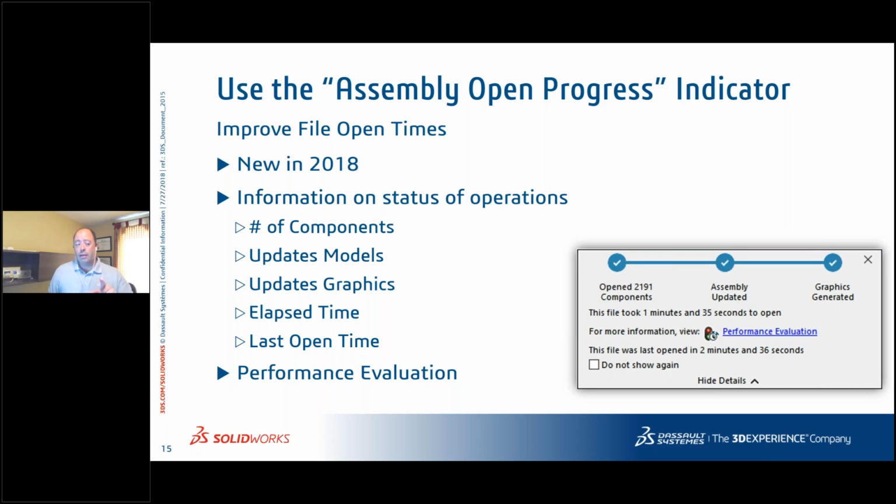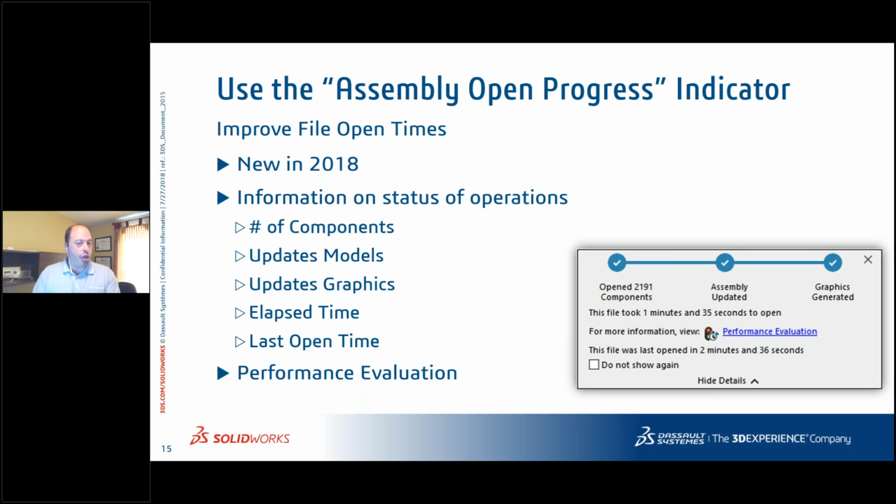The other thing that's kind of neat here is that it will show you the elapsed time, the time it's actually taking right now to open the assembly, and also showing you the time the last open took. So for very large assemblies, it might take a couple of minutes. Well, you've got probably that much time to wait for this to complete the open.